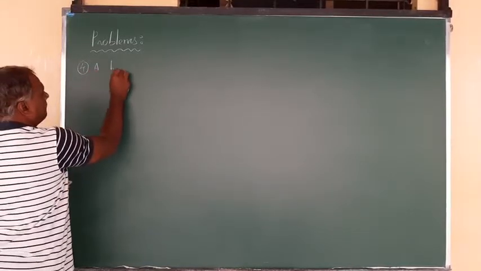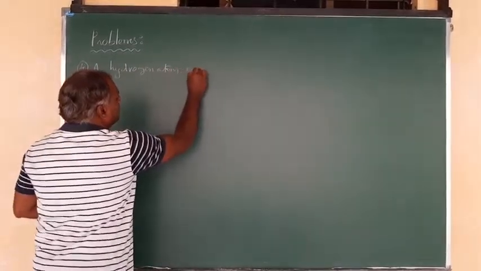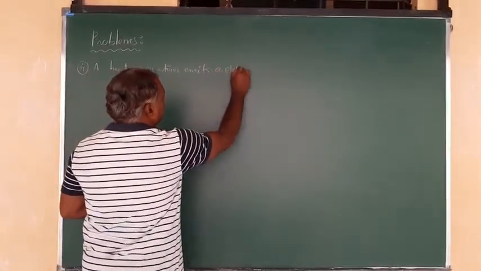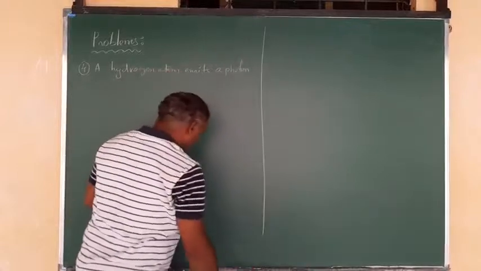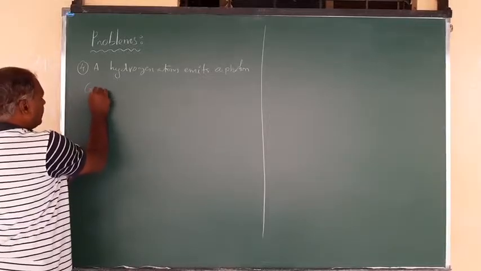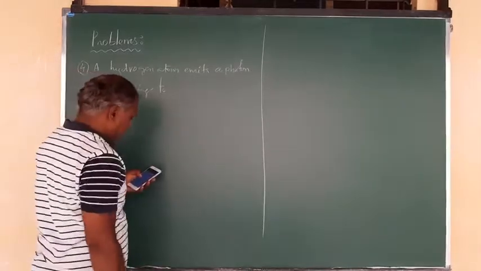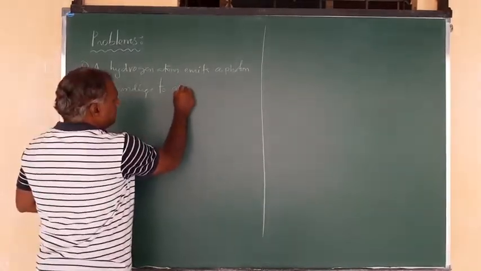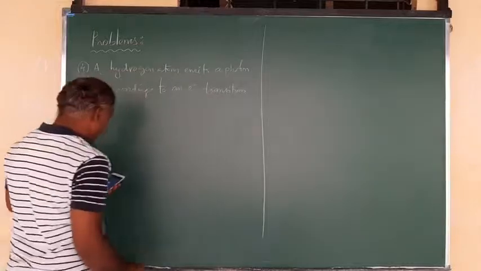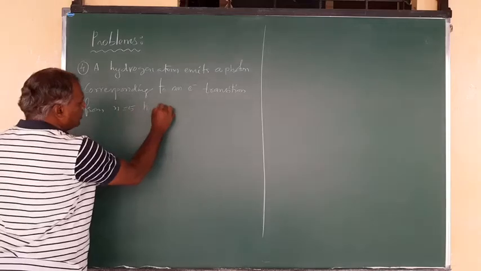A hydrogen atom emits a photon corresponding to an electron transition from n is equal to 5 to n is equal to 1.